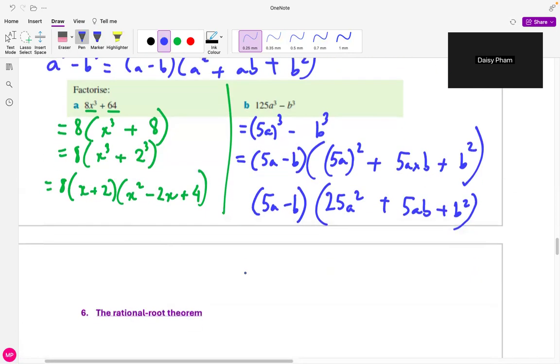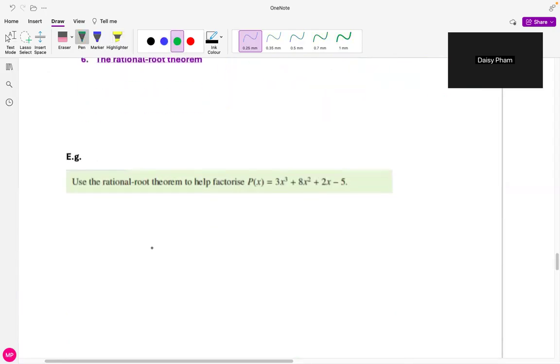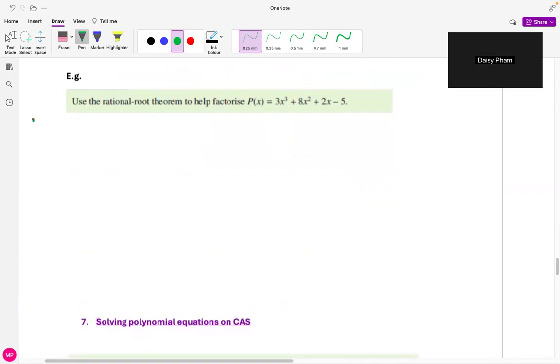All right, now rational root theorem. Sometimes you want to factorize, again, this is similar to the previous example, but you do have a coefficient here, right? So, if you recall the remainder, finding the factor, so to find a factor of 3, factor of the constant, which is -5.